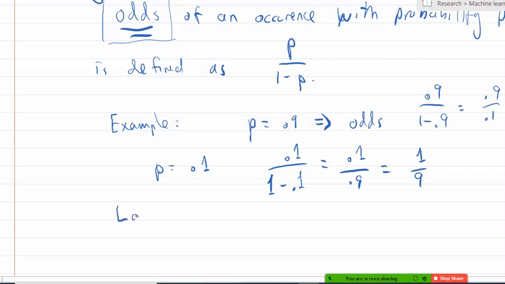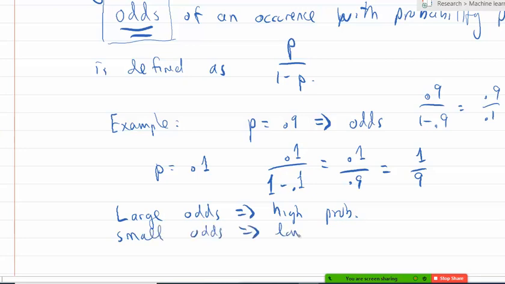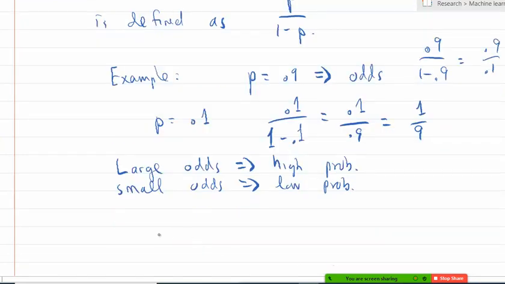So large odds means high probability, and small odds means low probability. And the odds are always between 0 and infinity. Odds are always positive.